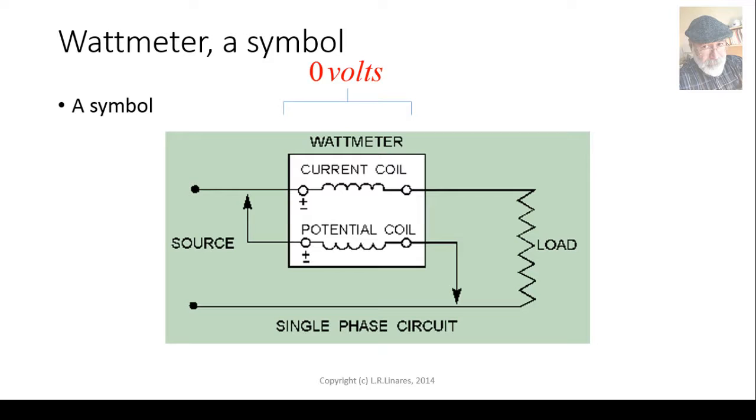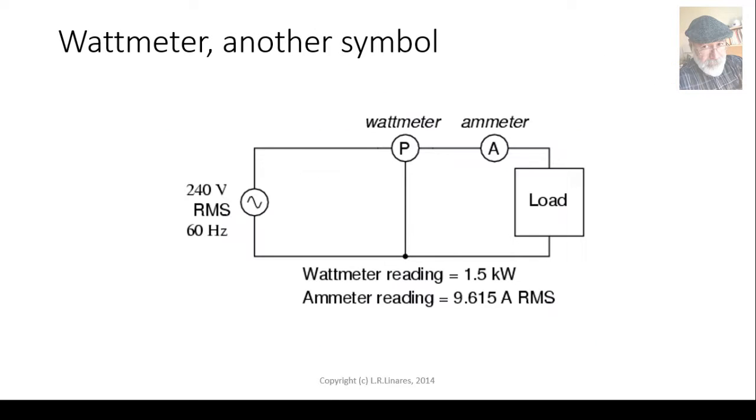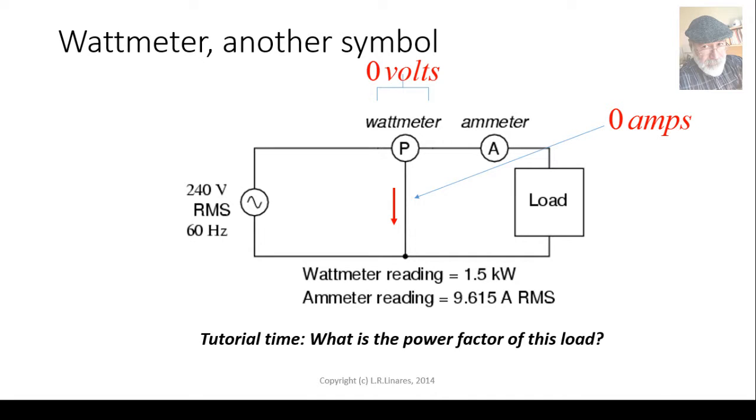So it behaves as an ideal ammeter, and the current through the potential coil is 0 amps. So the potential coil has an infinite impedance. It's an ideal voltmeter as well. We can represent the wattmeter this way too. The voltage drop across the ammeter part of the wattmeter is 0, and the current through the voltmeter part is 0 amps. Ideal one.